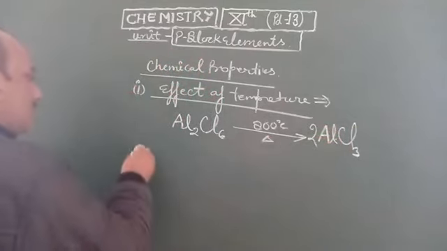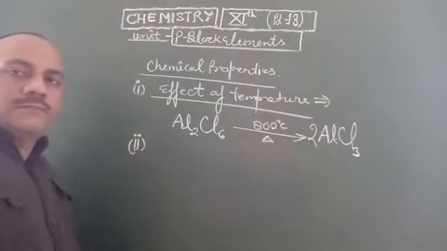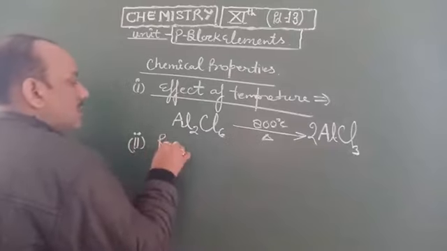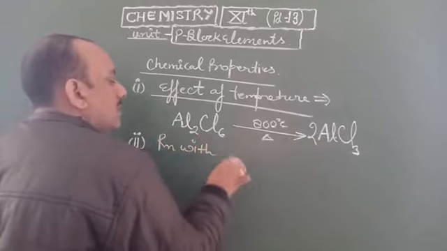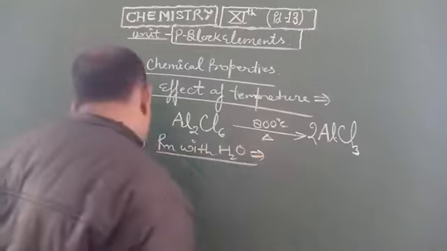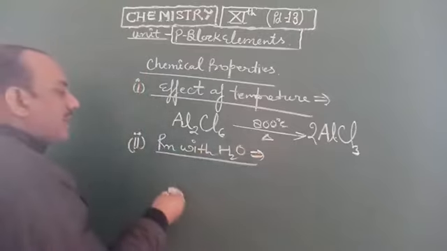Now next, reaction with water, H2O. It makes aluminium hydroxide and HCl.